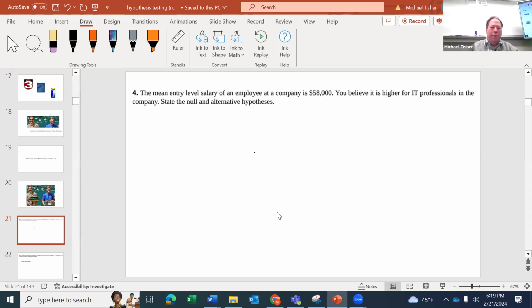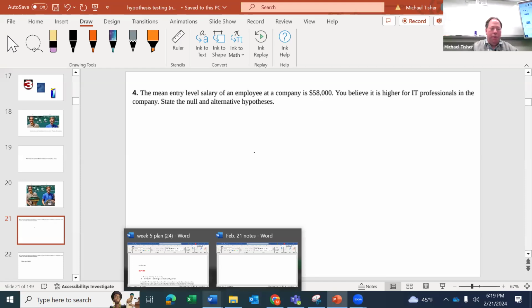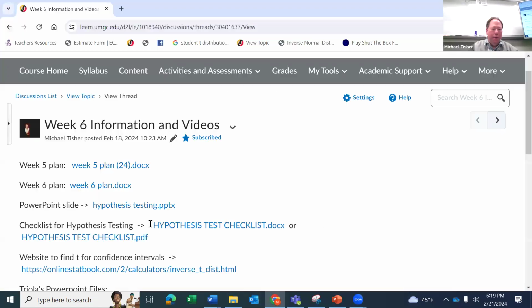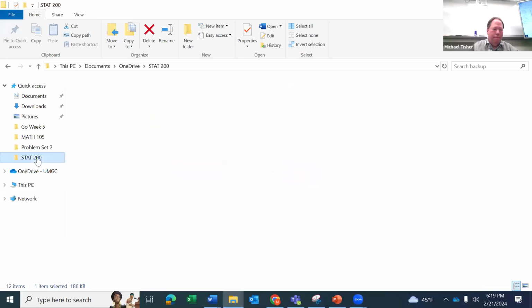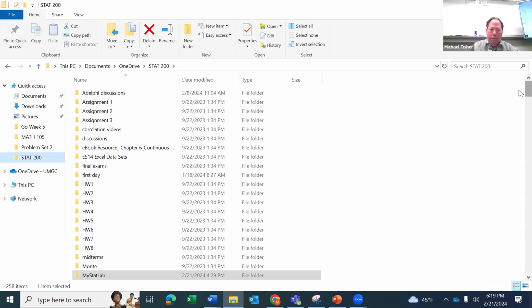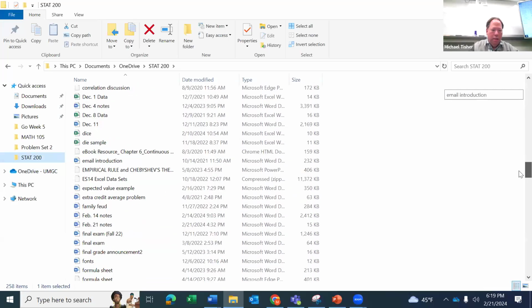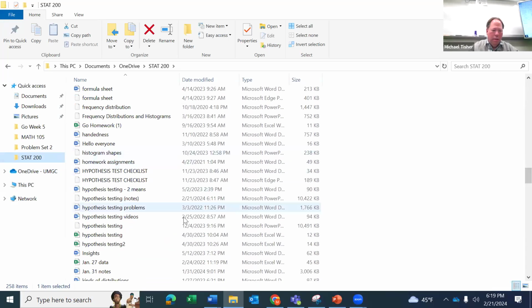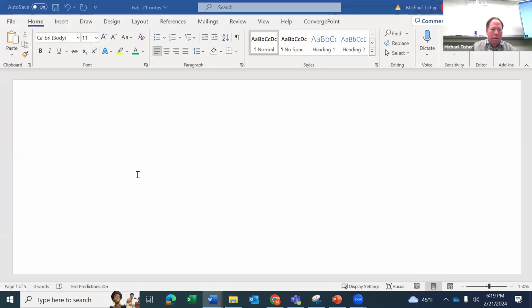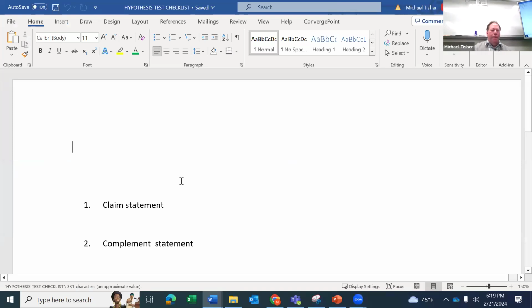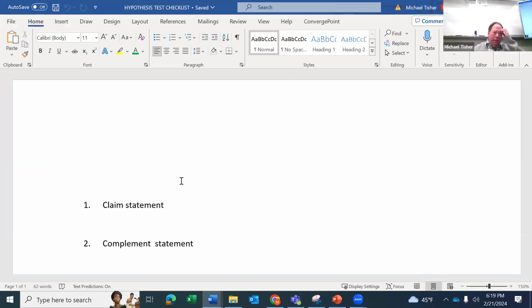The best way to do this is with that checklist. Here's a good opportunity for me to introduce that checklist. You can download the checklist there, and the checklist looks like this. The first thing we do is state our claim statement.